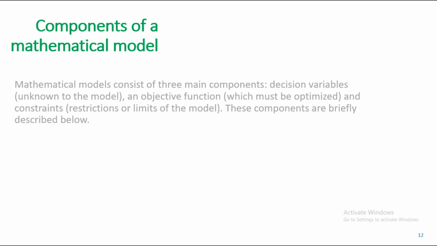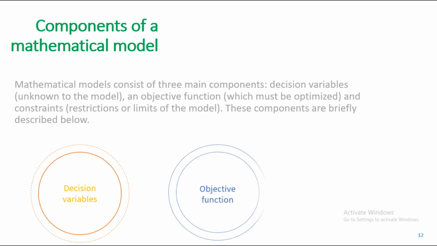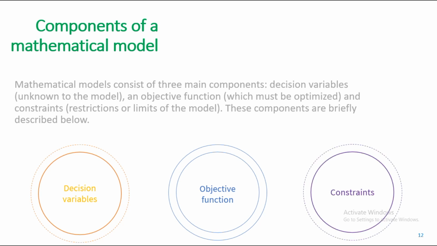These components are briefly described below. Decision variables, as we said, they are the unknown to the model. The objective function, which must be optimized, and finally, the restrictions or limits of the model.